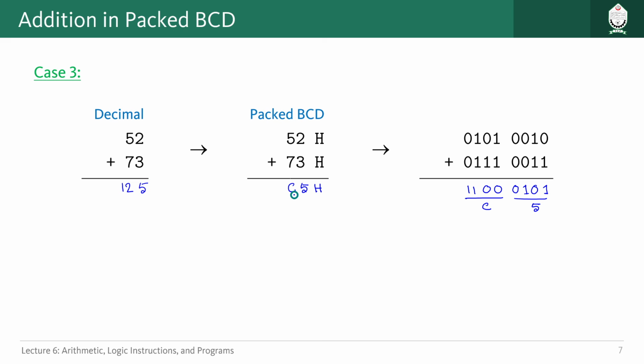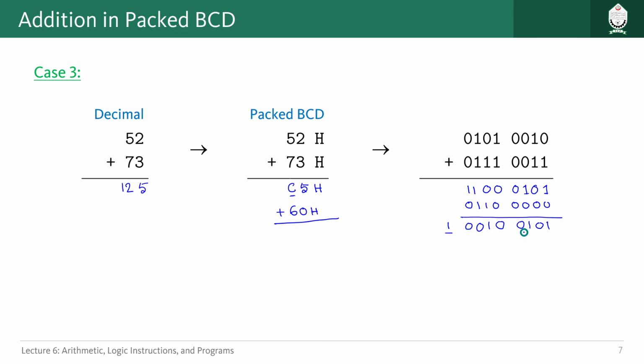Because this problem is arising in the upper digit, we are going to add 60H now and look at the result. So same thing here also, we are going to add 60 here. So 0 1 1 0 0 0 0 0. If I do that, then look at the result, I'm going to get something like this: 1 1 1 0, 1 1 0 again, and we will have a carry here, right?